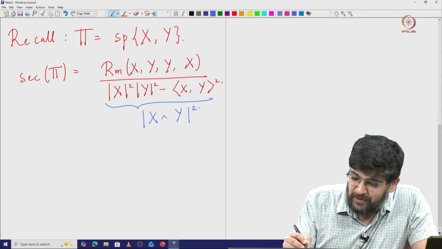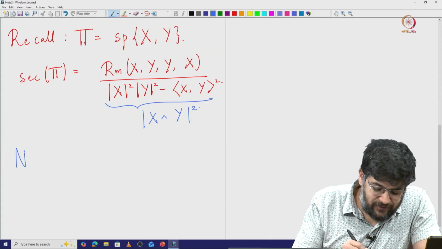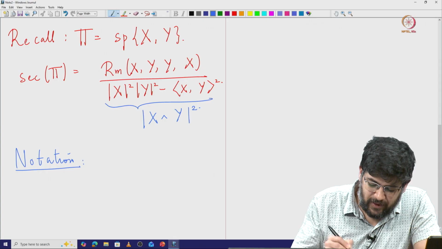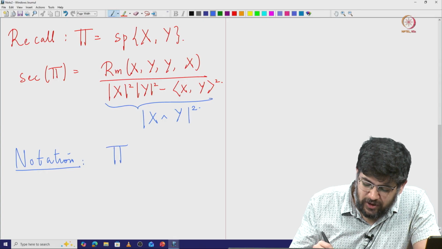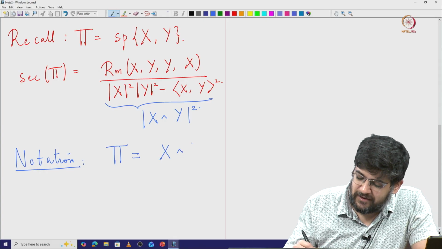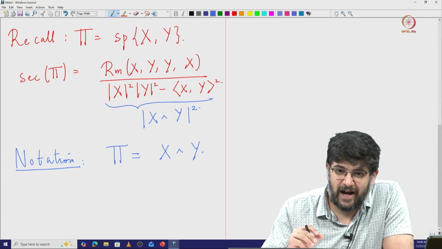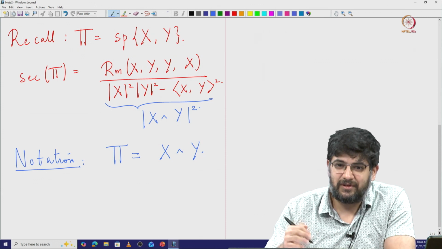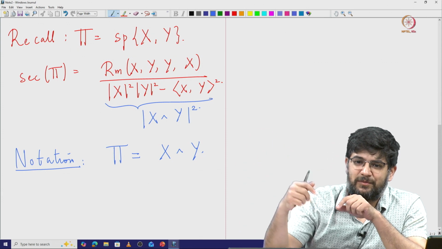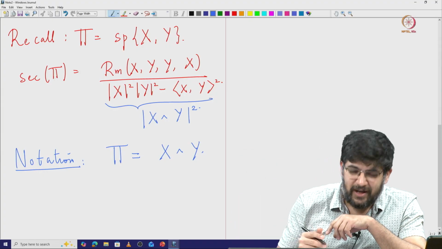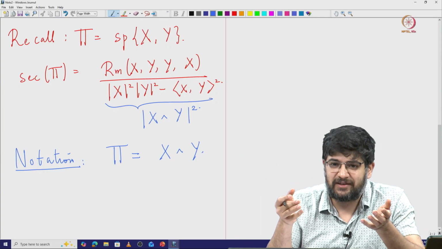Okay. So sometimes it will be convenient to use the following notation. We will denote this plane also as x wedge y. This is not quite accurate because if you for instance scale x or y, the wedge product will scale accordingly, but the point is that they will still span the same plane.